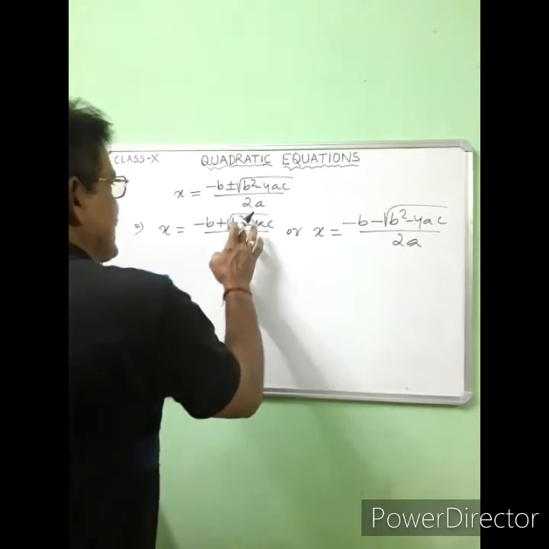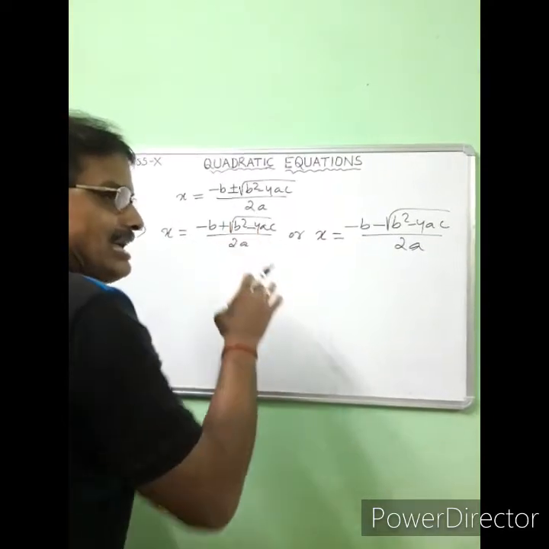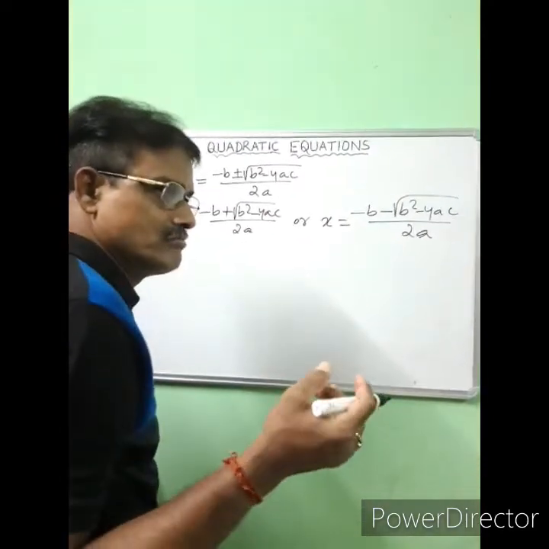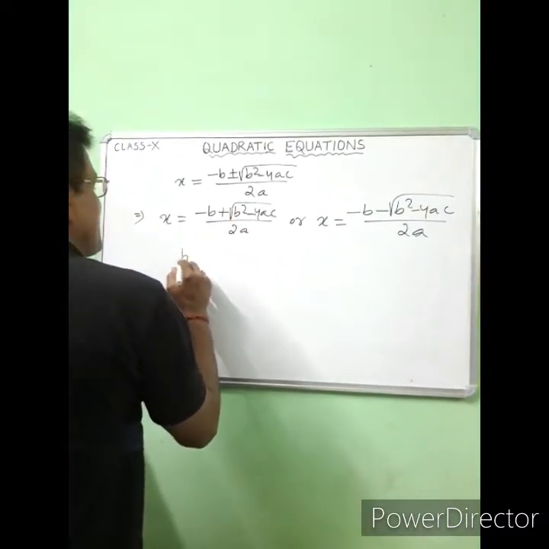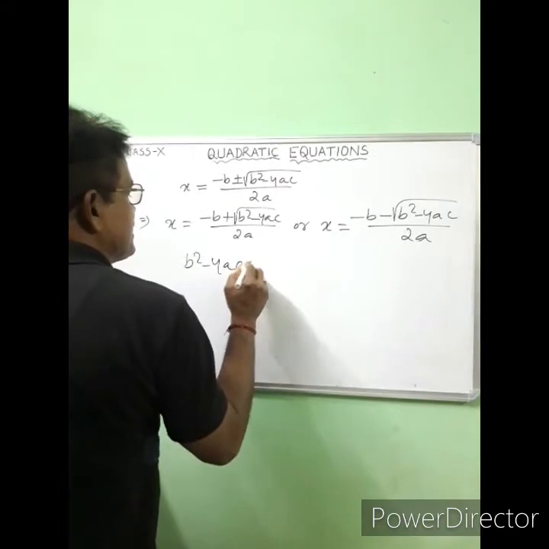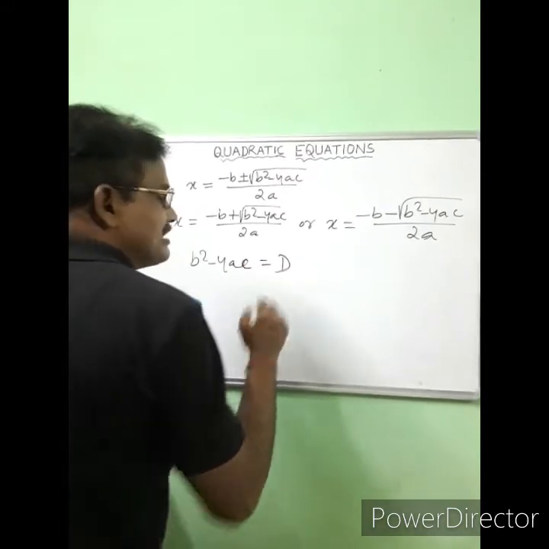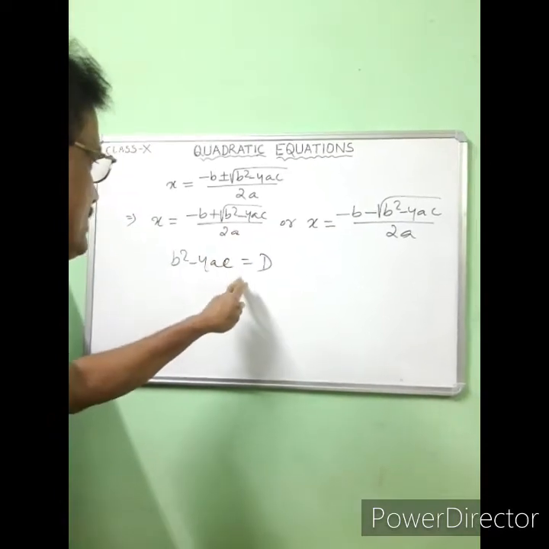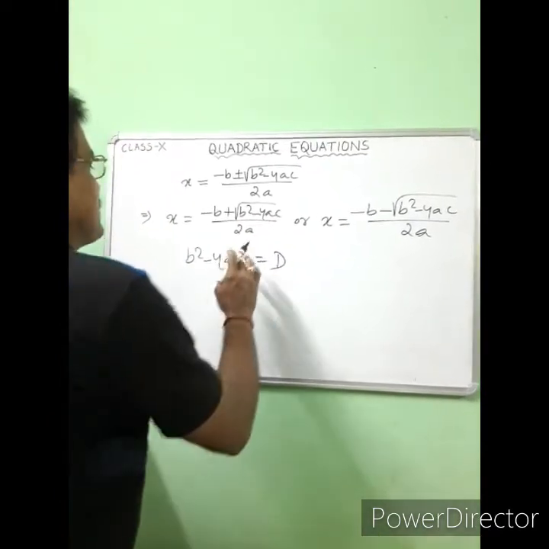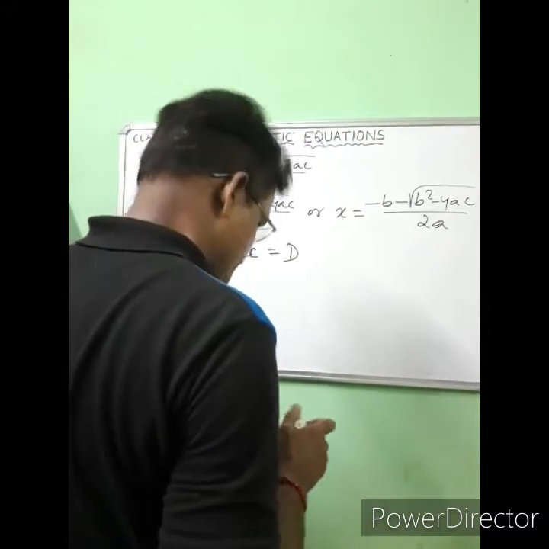So here we can write D for the discriminant. I have already told you about the discriminant. B square minus 4ac is equal to D, where D means discriminant.